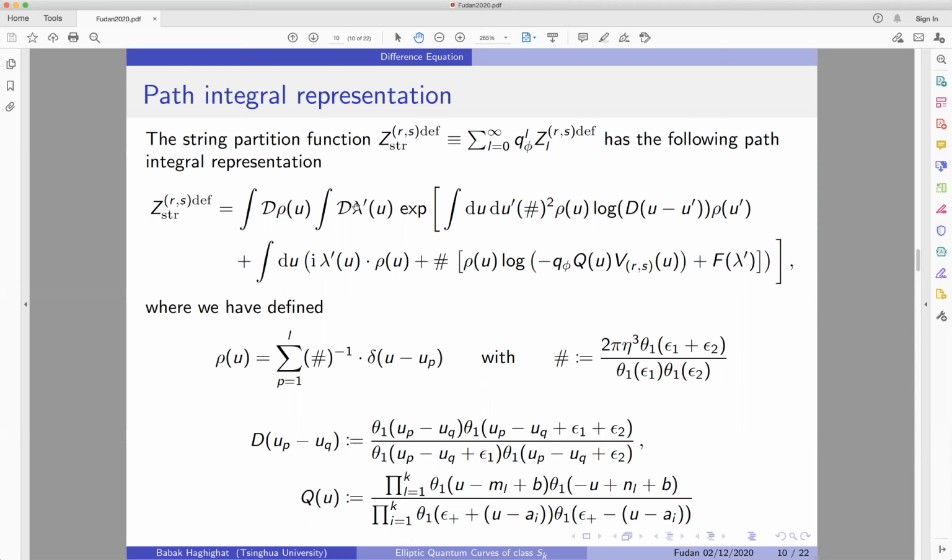And this lambda prime is a Lagrange multiplier, a remnant of the fact that we want to enforce a constraint in the path integral. And this factor here is just an abbreviation for this ratio of theta functions, which only depend on epsilon 1 and epsilon 2.